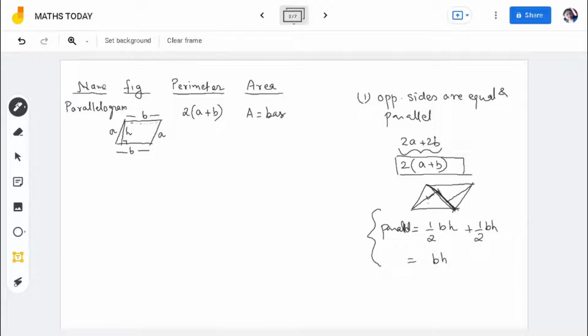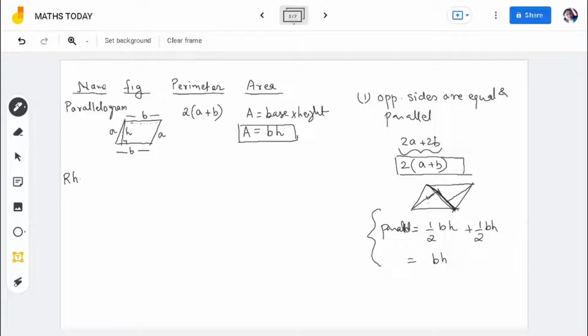Base we have taken as b, and height I have taken as h. So area of parallelogram becomes b into h. Now let's come to the next figure. The name of the next figure is rhombus.